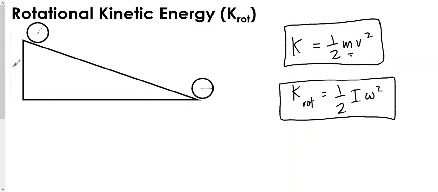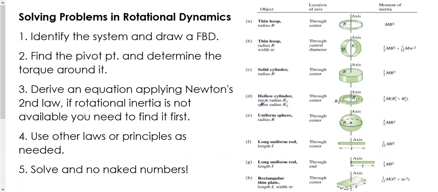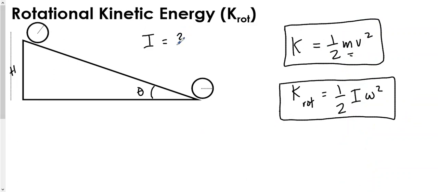Say for example we have an object at a certain height on an inclined plane at a certain angle. This is a marble, so its rotational inertia for a sphere is 2/5 mr squared. We're going to use that in a little while.